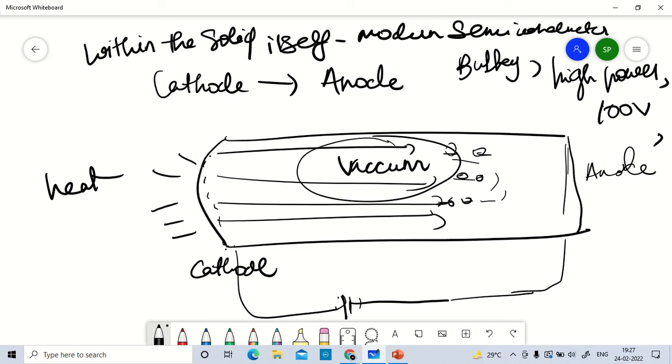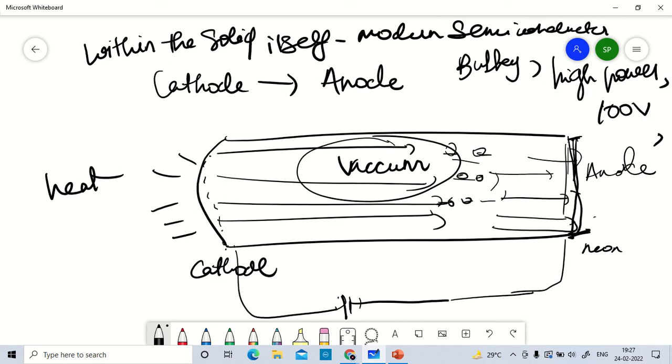Earlier we used to have cathode ray tubes. In a cathode ray tube, this same mechanism was there. The cathode was heated, electrons flowed from cathode to anode, but instead of just the anode, behind it there used to be a fluorescent screen, mostly made up of neon, and the moment the electrons struck this, we used to get the image.